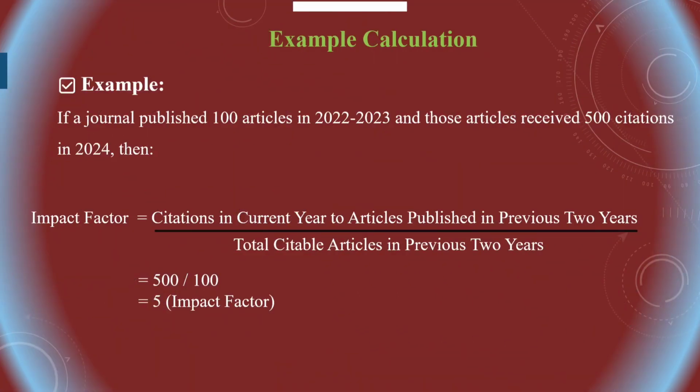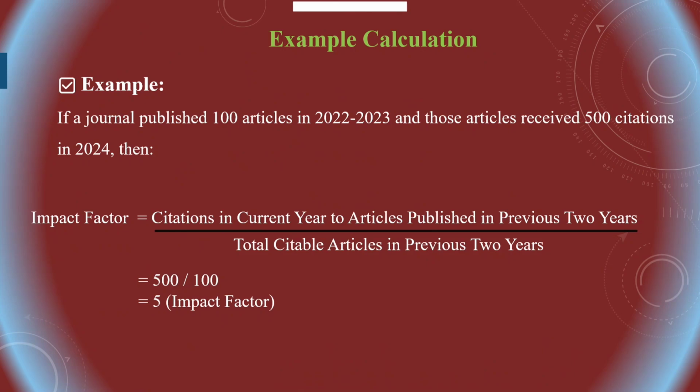For example, if a journal publishes 100 articles in 2022 and 2023, in the last 2 years, and those articles receive 500 citations in 2024, then the impact factor would be, as I've discussed, citations in the current year to articles published in the previous 2 years over total citable articles in the previous 2 years.